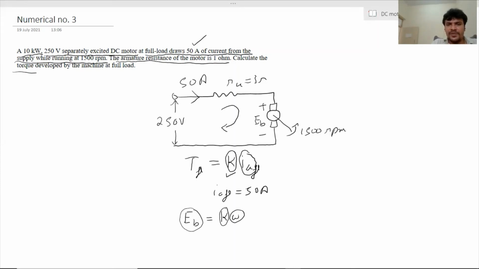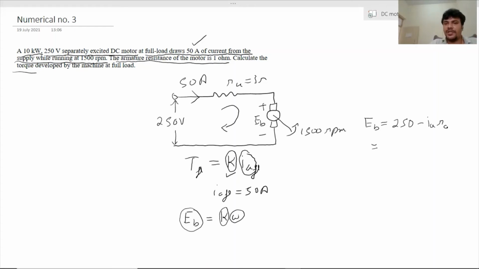So write the KVL equation. How will the KVL equation be? EB will be equal to 250 minus IA RA. You must be quite experienced enough by now to apply the KVL. This is a simple circuit, so it should not be very tough for you to apply KVL.